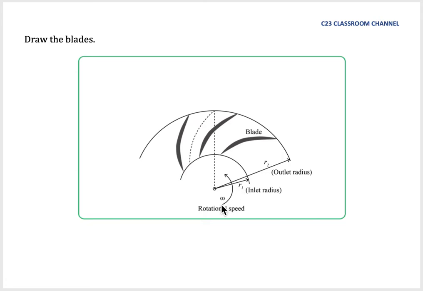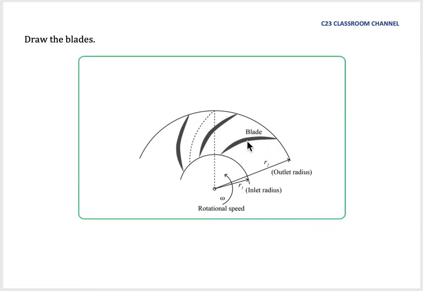Okay, let's say we have counterclockwise rotational speed, and you imagine that you stand on the tip of the blade, not at the inlet but at the outlet. You are facing the same direction as the rotational speed, meaning you are facing to your left now. If the blade is facing backward, we call this blade backward shape.